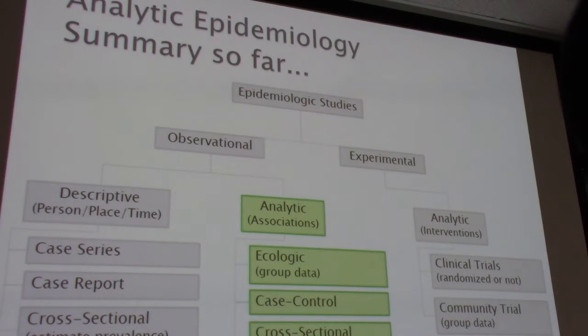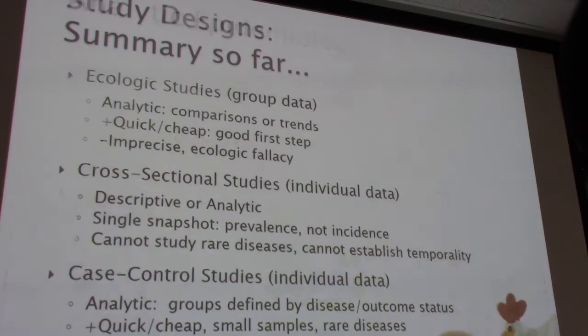All right, so we've been through these types of studies: the ecologic, case control, and cross-sectional. The last type of observational study is a cohort. So far, we've seen that ecologic studies can be quick and cheap. They're a good first step, but they're imprecise, and you have the issue of the ecologic fallacy. Cross-sectional studies are a single snapshot. They give you the prevalence, not the incidence.